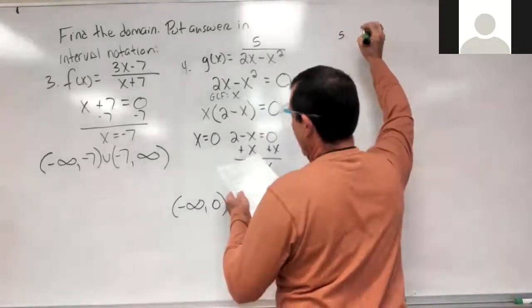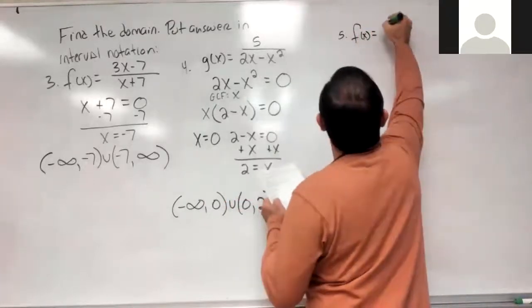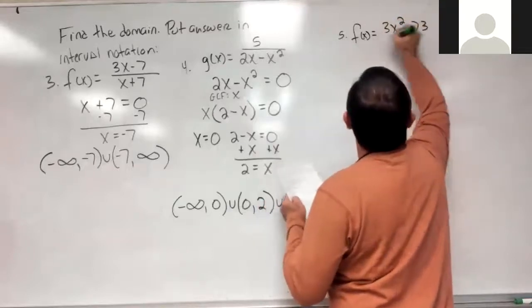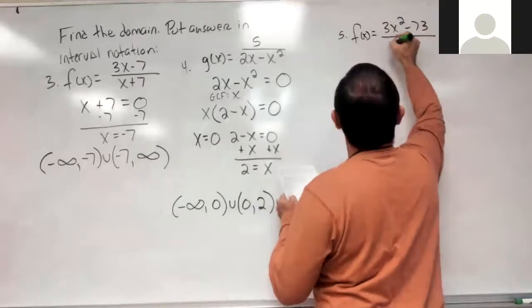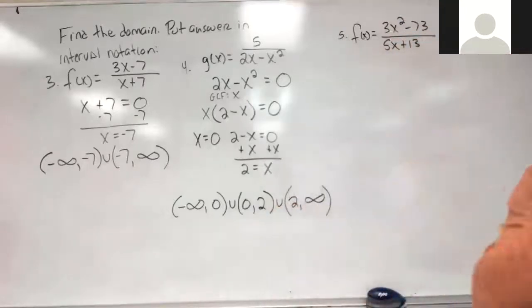Now, number 5, f of x is going to equal 3x squared minus 73 all over 5x plus 13. All right, so same thing, right?